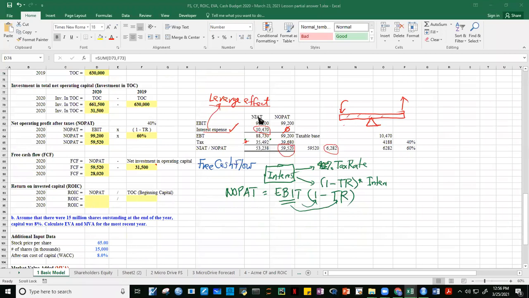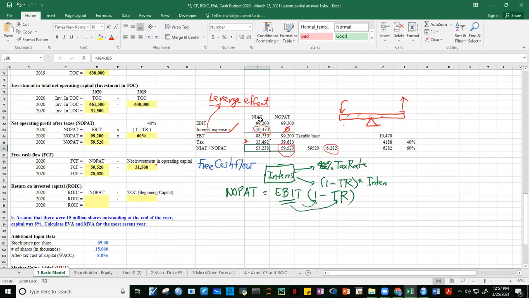Okay. Now, last meeting, we learned the difference between net income after tax and net operating profit after tax. Okay, we said that in net income after tax, we subtract interest expense from your EBIT. Okay, and then you arrive at your net income after tax, which is your earnings before tax less tax.